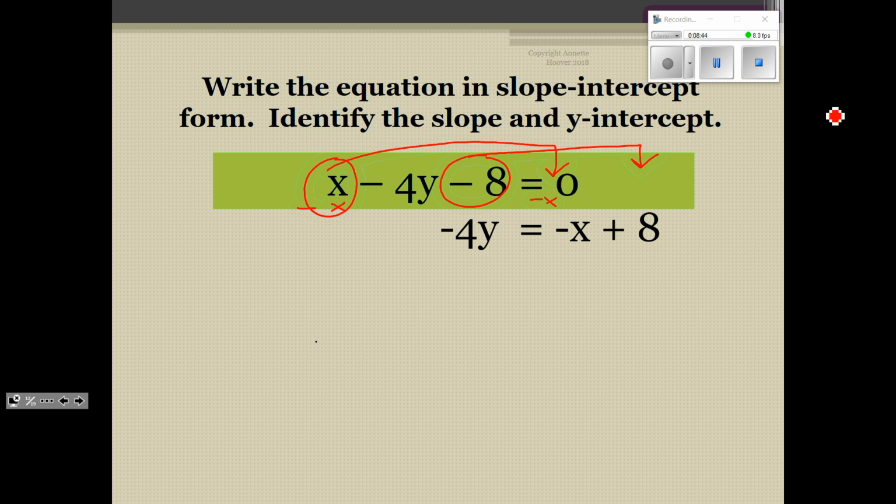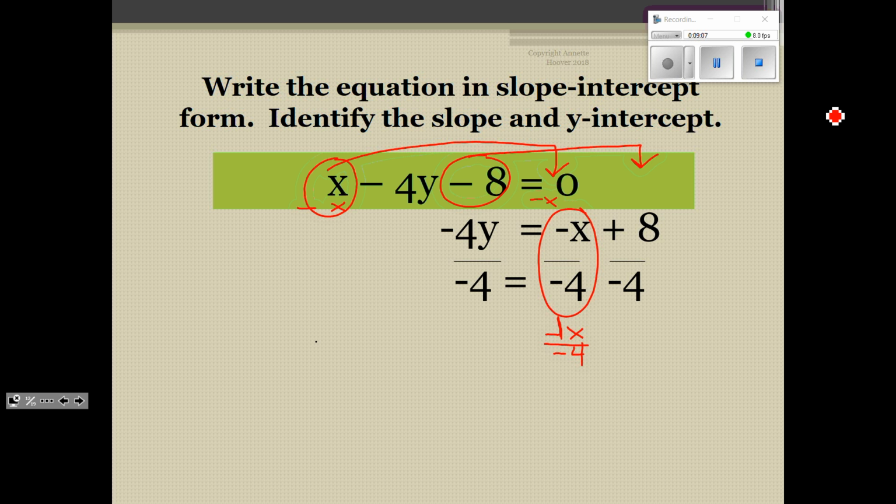We still did not have y by itself, so now we need to divide all 3 parts by a negative 4. Now, if you look at the slope right here, we have a negative x divided by a negative 4. We always have an invisible 1 in front of the x.